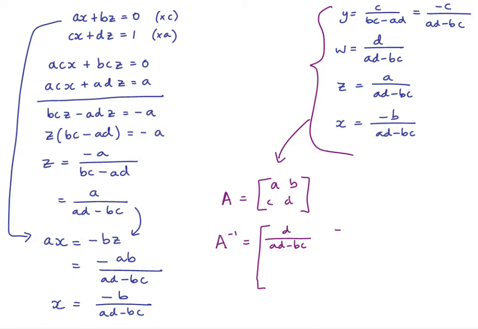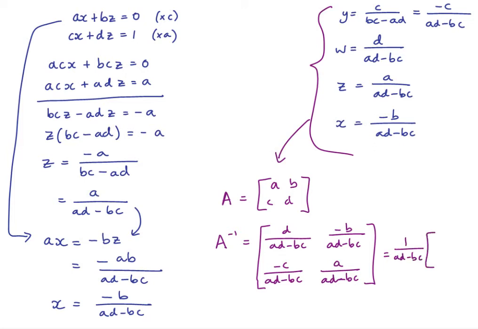X is negative B over AD minus BC. Y is negative C over AD minus BC, and Z is A over AD minus BC. So we've got that common factor of 1 over AD minus BC, and if we take that out, we've got D, negative B, negative C, A.